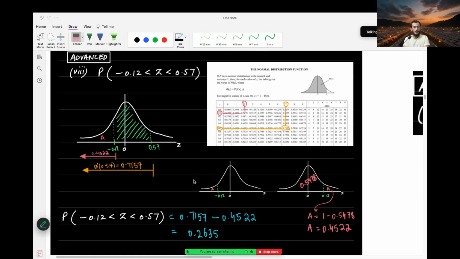Do you need my explanation? No, I got the procedure. You got the correct answer as well? Yeah, I got the answer 0.2635. Okay, that's great then. So shall we move on?